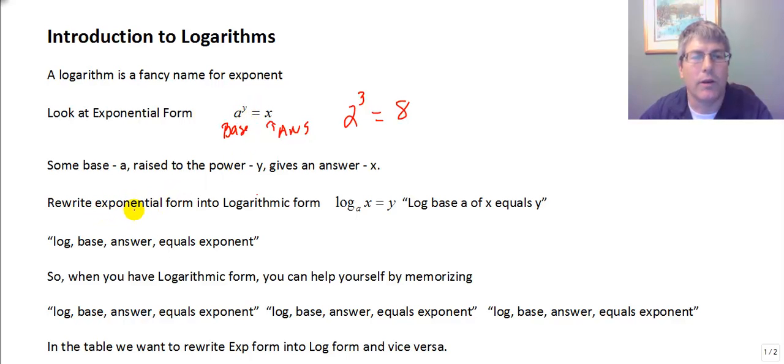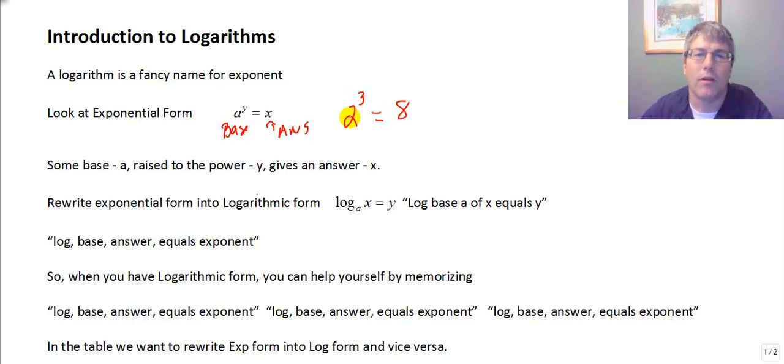Now, if we wanted to rewrite this from exponential form into logarithmic form, we'd say log base A of x equals y. So log base A of x equals y is just rewriting our exponential form into logarithmic form.